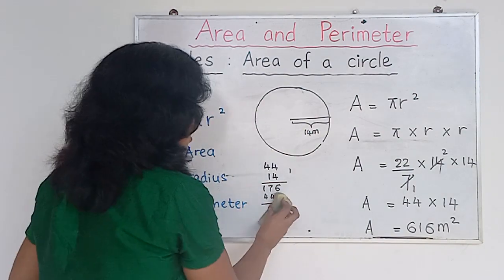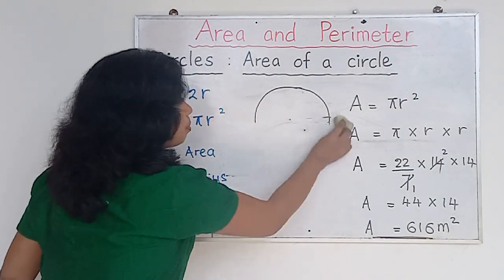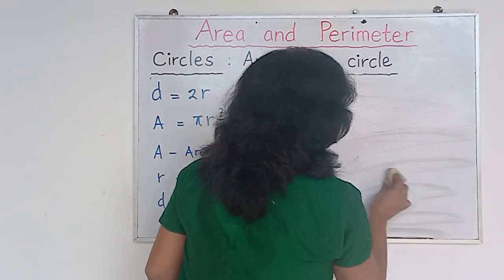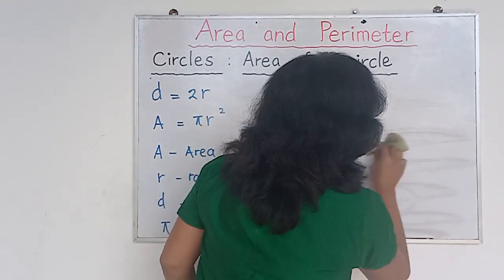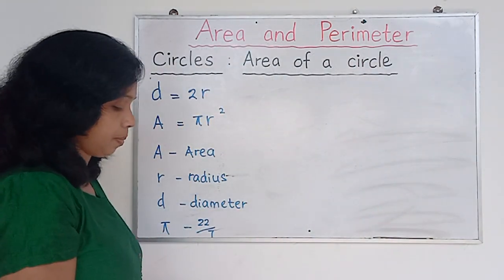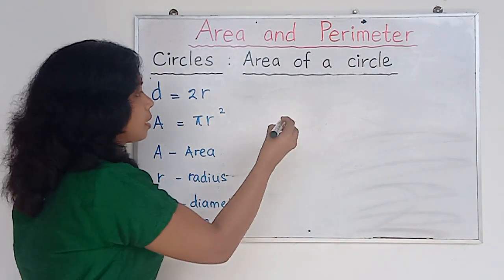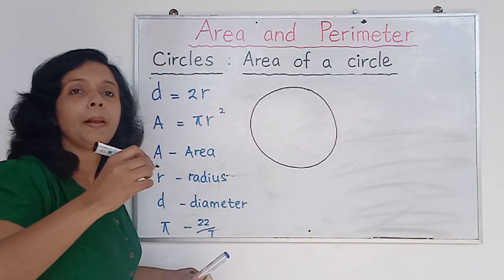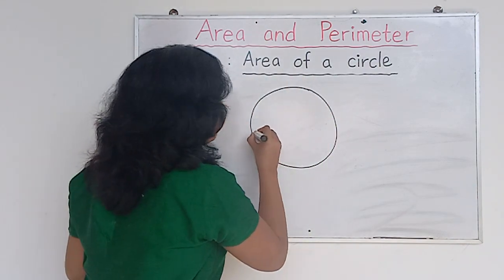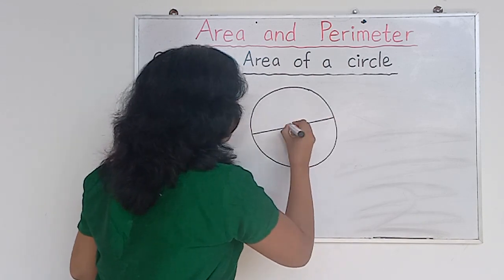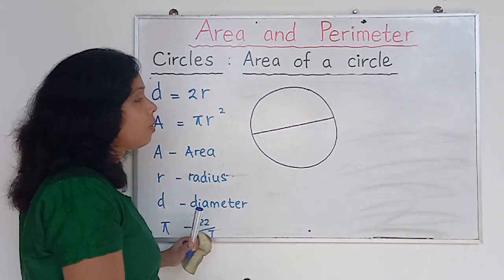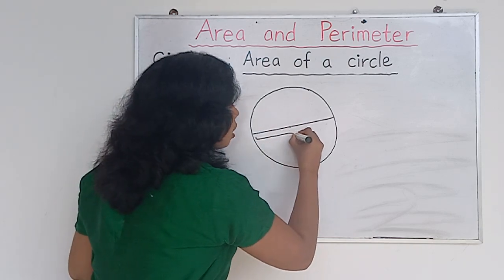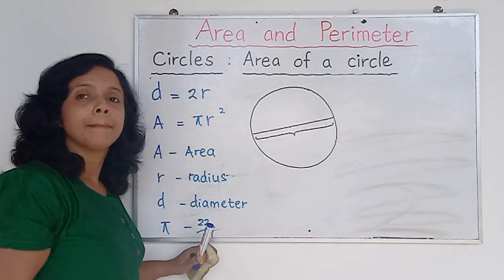Let's do another example. Right. Children, now look at this. You have a circle, but they have given it like this. Now they have measured the diameter of the circle.